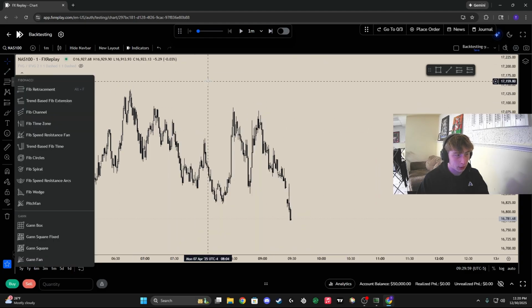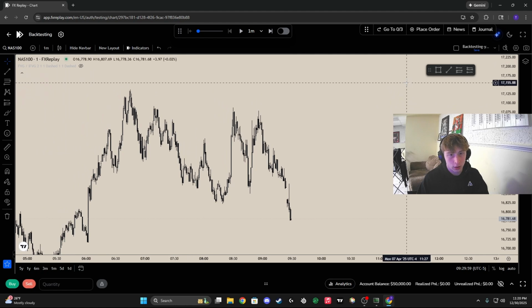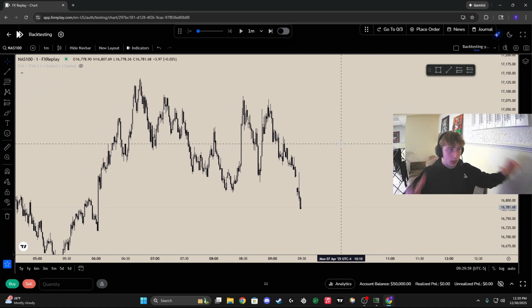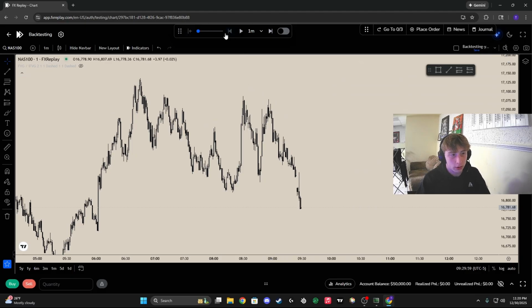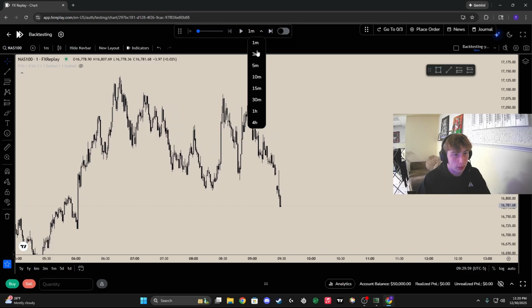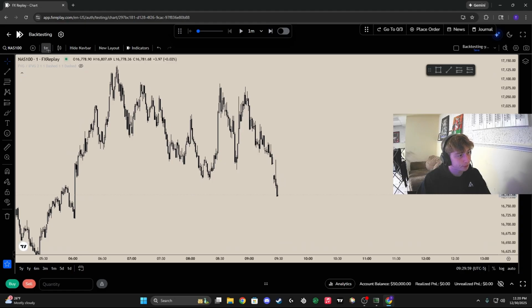You could add stuff to your hotbar like I have up here. But basically, the way it works is this top bar is going to be your skipping, or how to play each candle. This drop down menu will be how much time skips between each candle. So right now it's on 1 minute. And when I hit this button, it will just skip 1 minute of a candle, right?